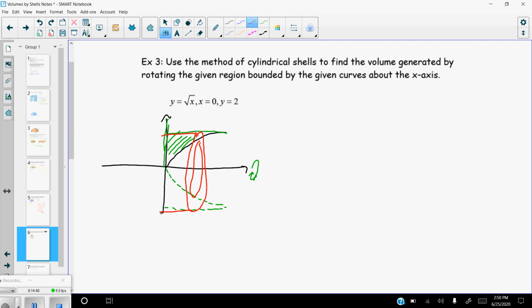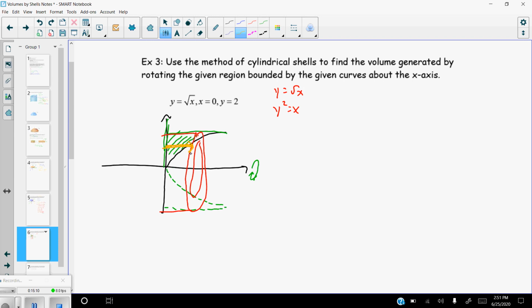So we have to take the equation y equals square root of x and solve it so x is a function of y. That just means square both sides, so you get y squared equals x. So we know that x equals y squared. Basically, that's going to create the height of our shell. x equals y squared is this distance right here, from here up to there. That is now your function. That is now the height.